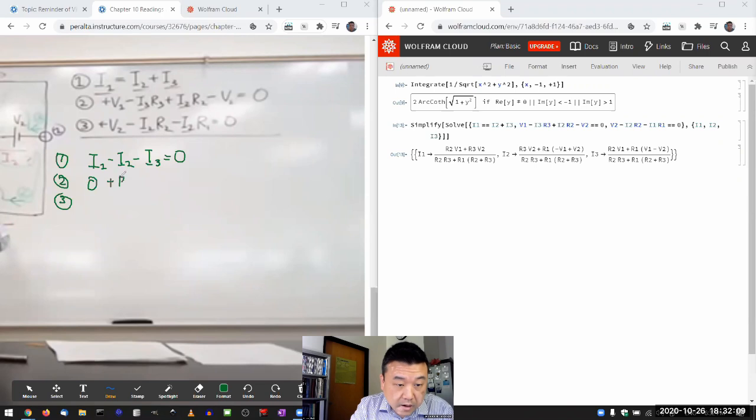So it's going to be R2 times I2, and then minus R3 times I3. And I need to move all the other constant terms, the terms that don't multiply any of the current terms, over to the other side. So that's going to be V2 minus V1.